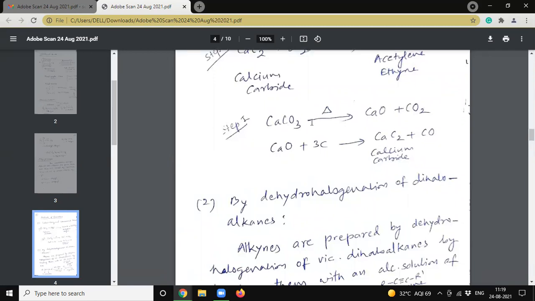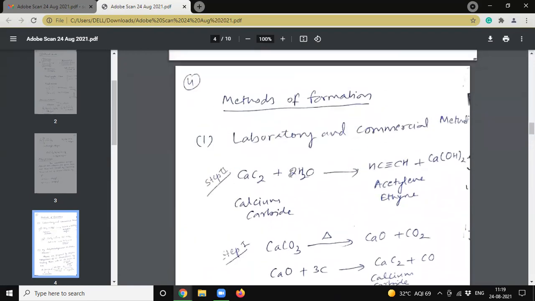Calcium carbonate is decomposed to calcium oxide and carbon dioxide, and this calcium oxide will react with 3 moles of carbon. It will give calcium carbide and carbon monoxide. And this calcium carbide will hydrolyze and give us acetylene commercially.